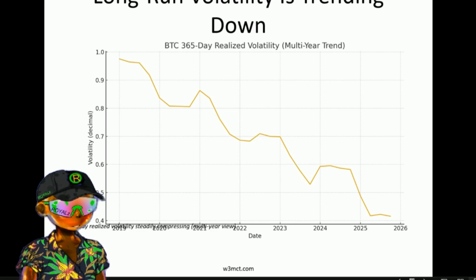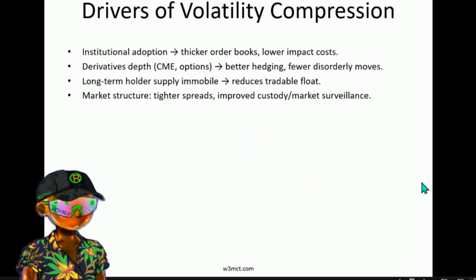Bitcoin is a new technology. It's an innovative technology. It's an infrastructure growth play, and it is a solution to a problem that people don't know they have yet. And so as we are still in this infancy stage of this new asset class, we're starting to see a lot of positive results when it comes to long-run volatility and the realized volatility multi-year trend. Wow.